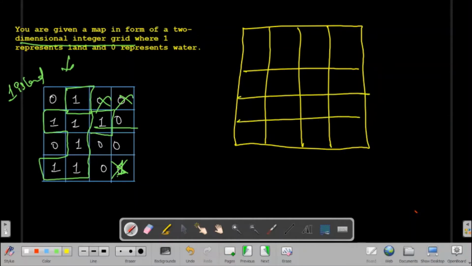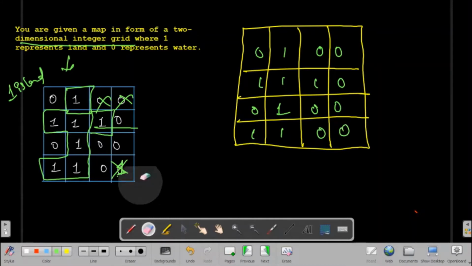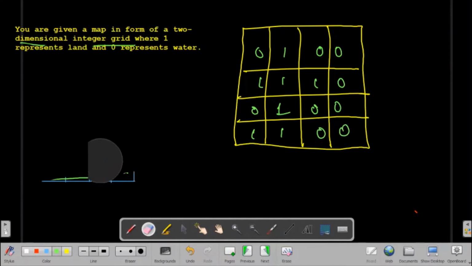So let's suppose this is my question, this is my grid, and we have values 0 1 0 0 1 1 1 0 0 1 0 0 1 1 0 0. So this is my question, right? We will be solving this question using just three directions.